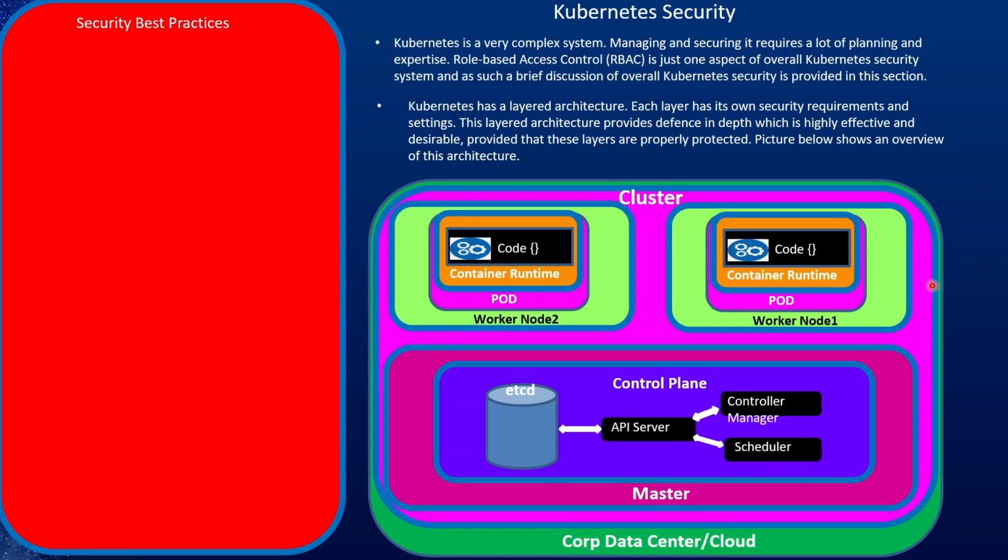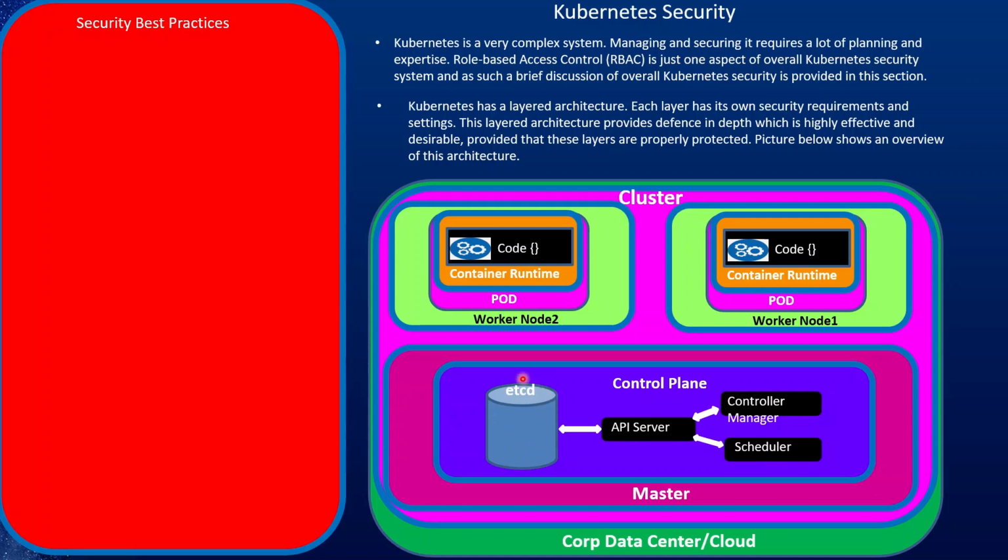As we can see, Kubernetes is hosted either inside our corporate data center or inside the cloud. In either case, we have the cluster itself, which consists of one or more masters, which host the API server.